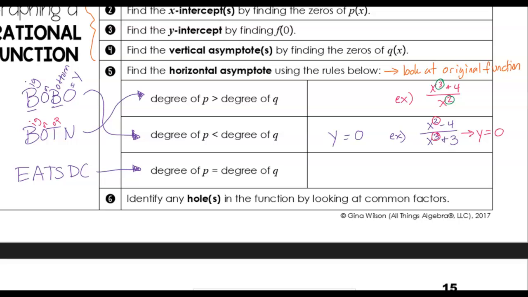Do you know what the N stands for? No, close, kind of close though. It's not a number bigger than 0.